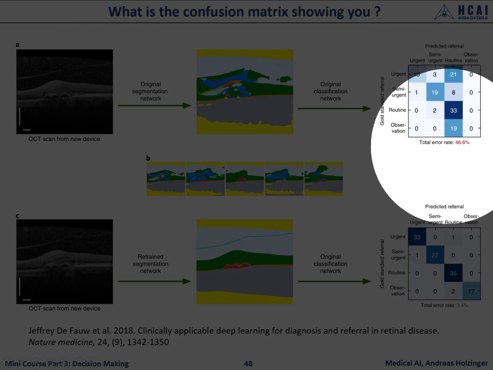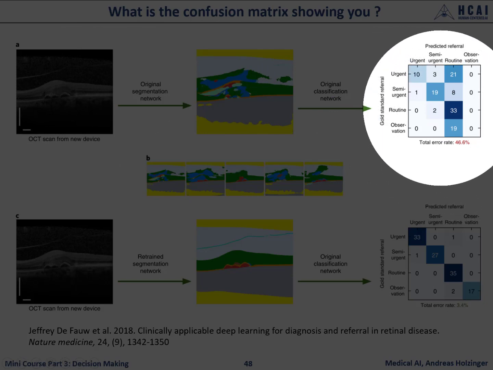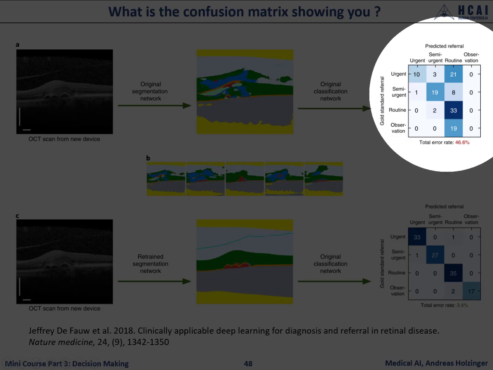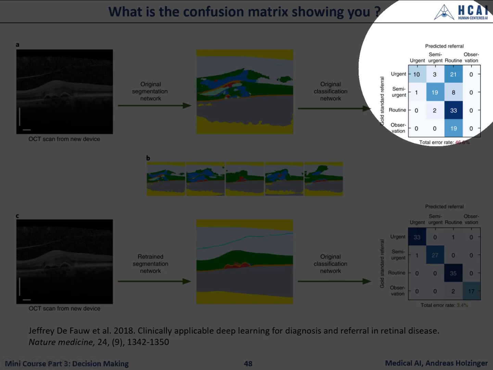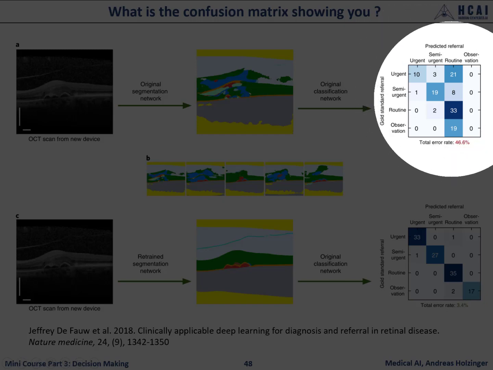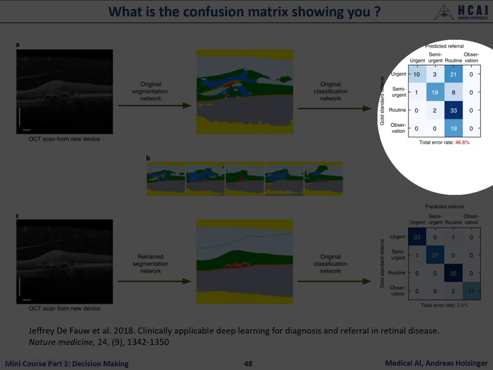And you see here, we still have in the first round an error rate of 46%. And with this confusion matrix, I can see where the errors are. Okay, this is very important. So you see, the darker the blue is, the better the performance. So ideally, only in this diagonal would be the numbers.